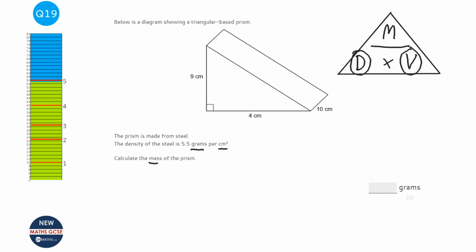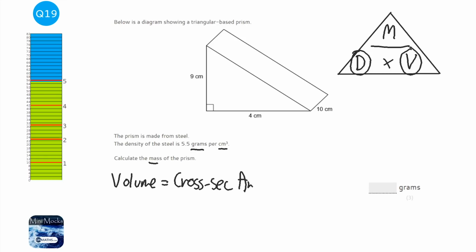So the first thing I need to do is work out the volume of the prism. To work out the volume of any prism, it's the cross-sectional area times the length. Some people call the length something else, but the length is basically how 3D the prism is.